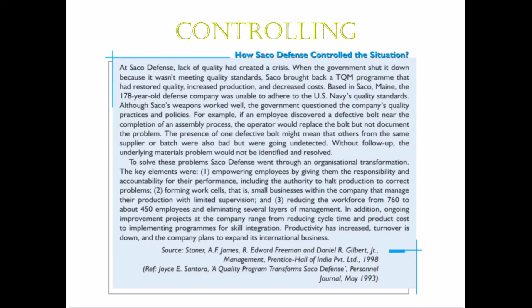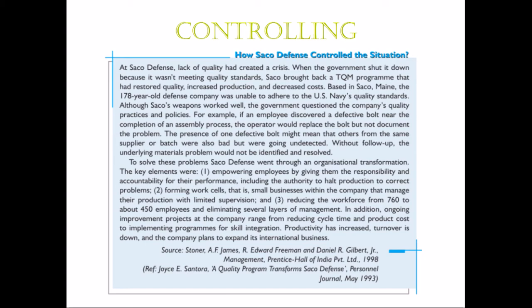This example shows us how a defective product has been replaced by changing the materials that are used to manufacture the product. Saco Defense is a manufacturer of defense materials.